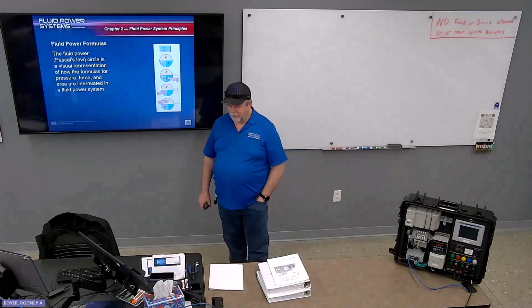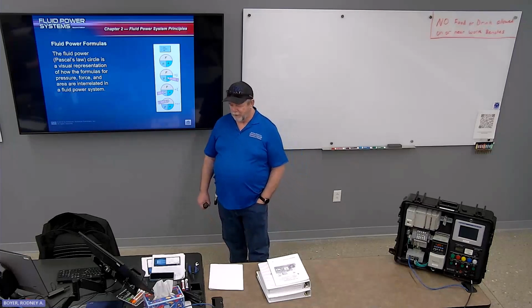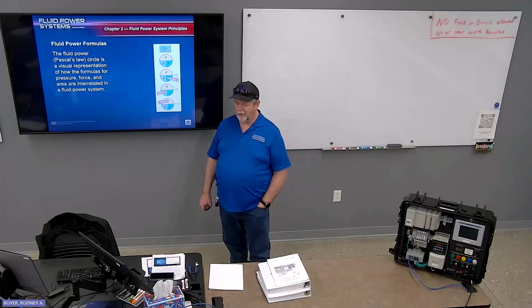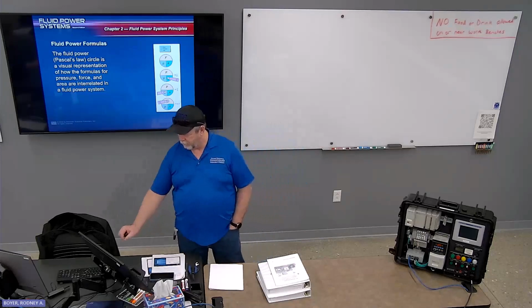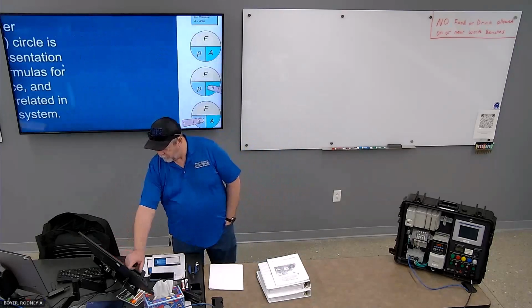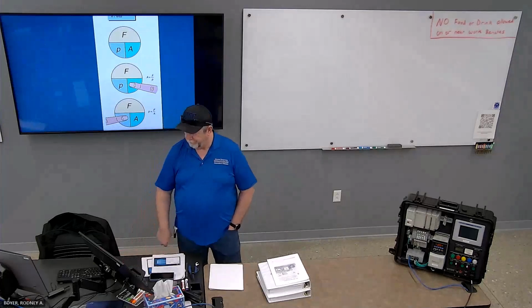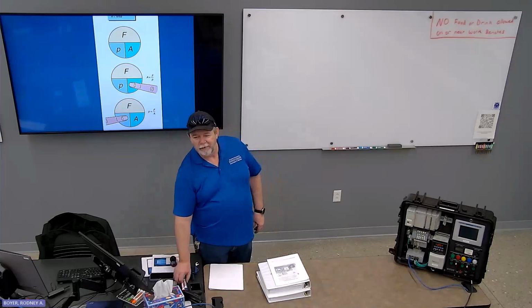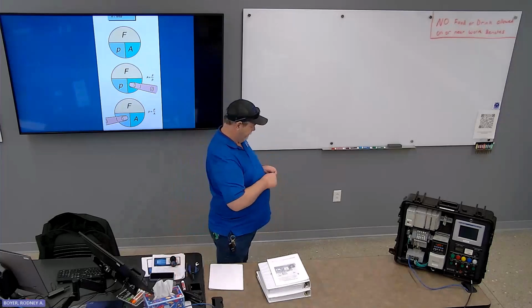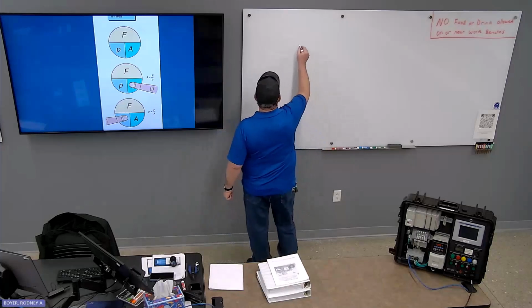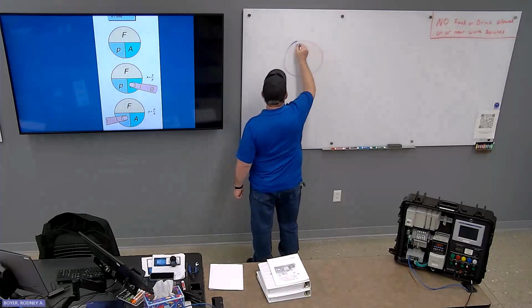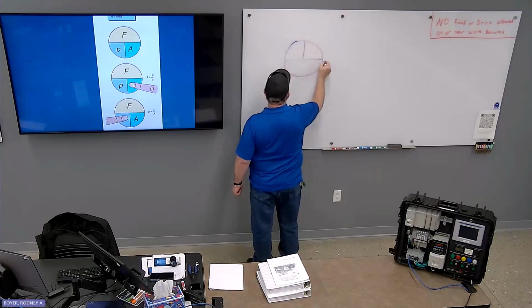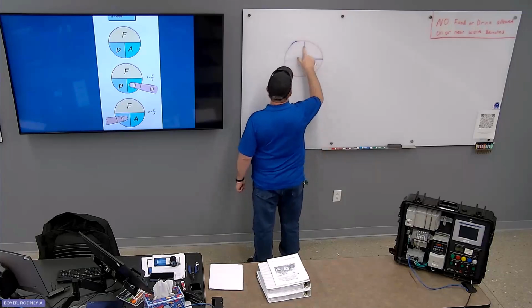Fluid power formulas. Fluid power, Pascal's law. The circle is a visual representation of how formulas for pressure, force, and area are interrelated in a fluid power system. Does that look familiar to anybody else? Yeah.